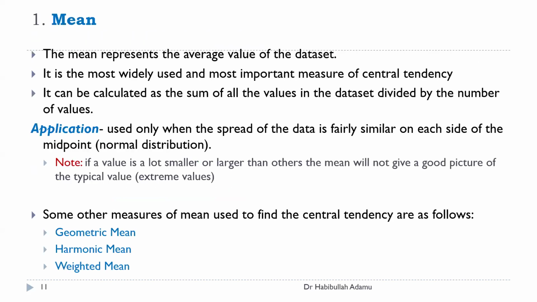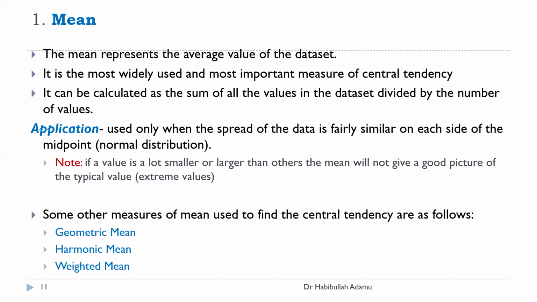Mean is the one that is most widely used. It is often also referred to as simply average, and it can be calculated by adding all the sum of the values and dividing it by the number of observations. So if you have 10 observations, that means, for example, you have measured the weight of 10 patients.